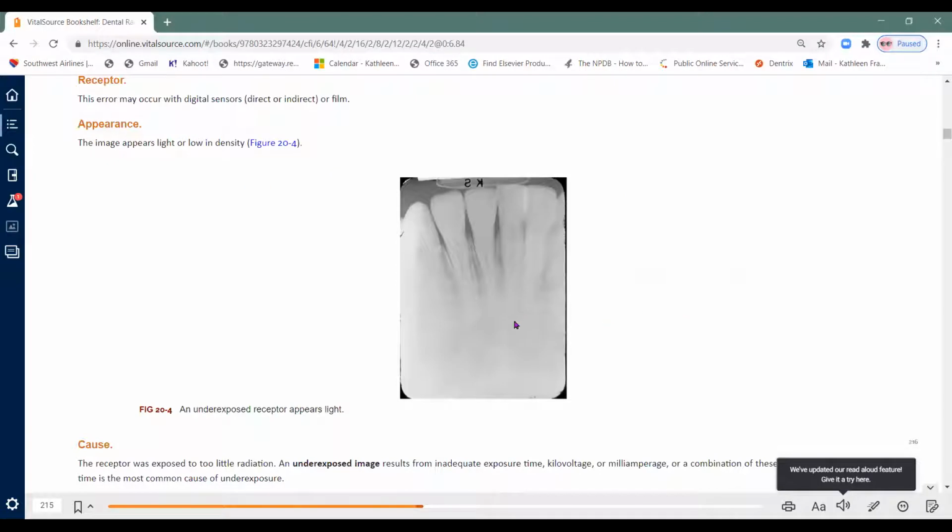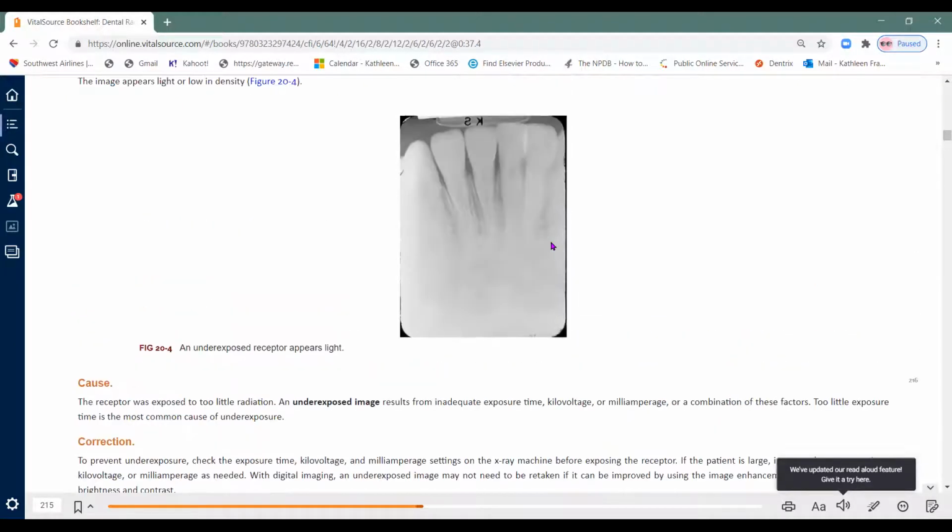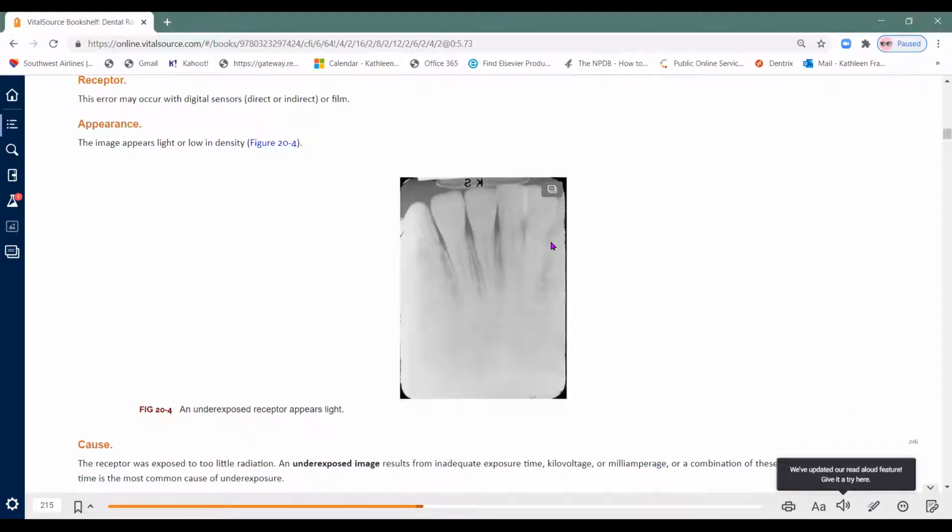The same thing where this is underexposed, you always need to check your control panel. This was probably set for a child instead of an adult, because a child uses less radiation than an adult does. You also have to think about a little old lady who is 80 years old versus an adult.